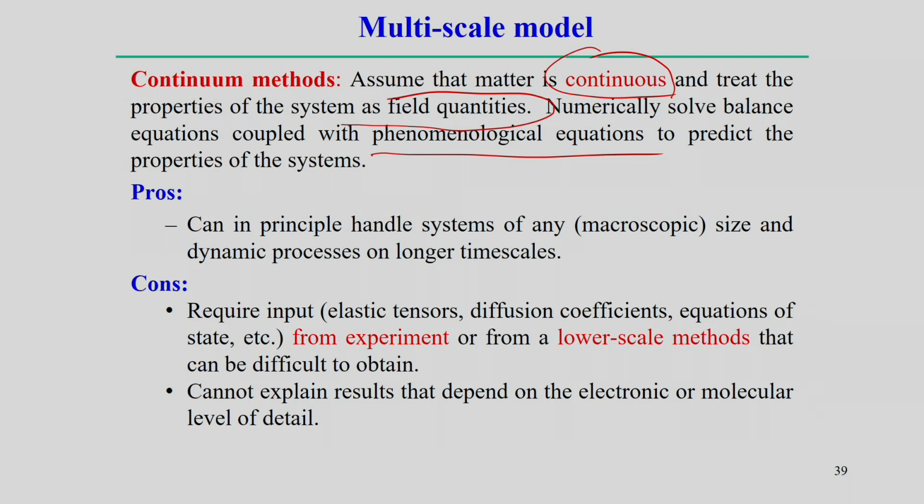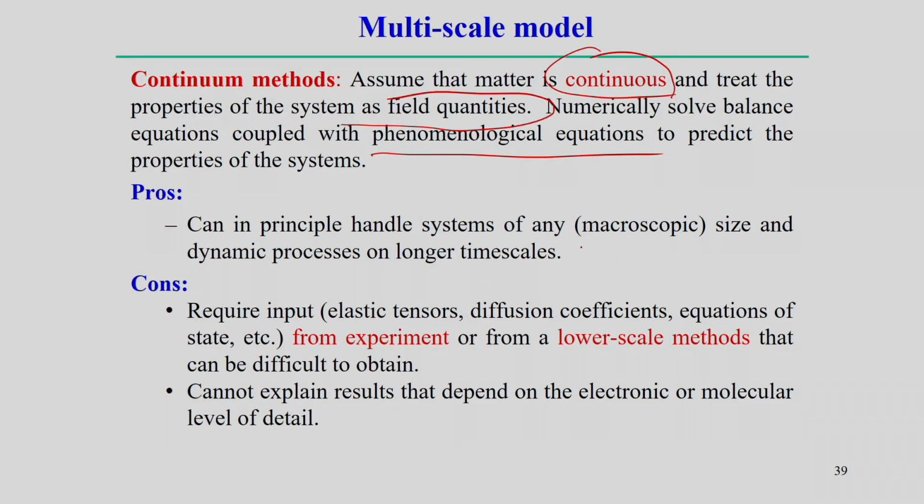Now, the advantages and disadvantages of these. Of course, the continuum model can, in principle, handle systems of any size, even macroscopic scale. It can also handle dynamic processes, and those dynamic processes may exist over a time scale.